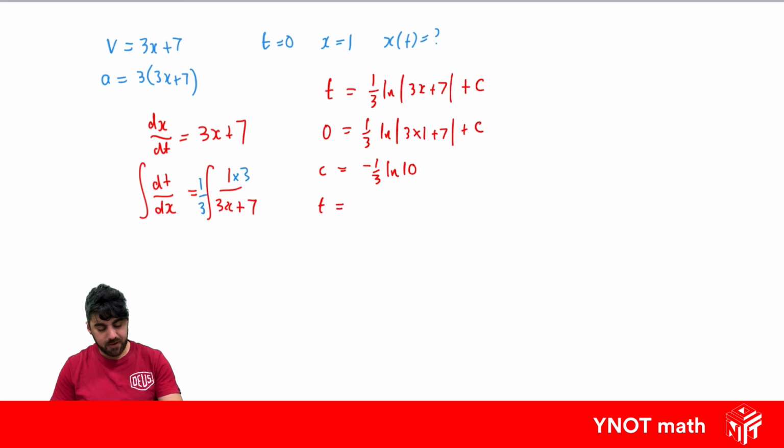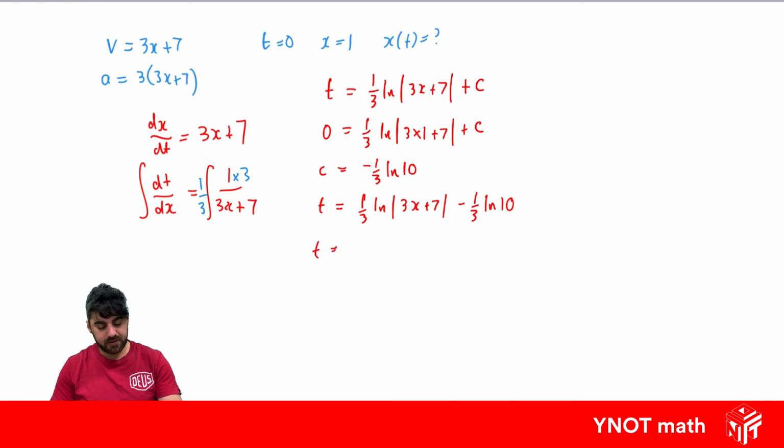So now we can sub that back in, so we know t is equal to a third times the natural log of the absolute value of 3x plus 7 minus a third times natural log of 10.